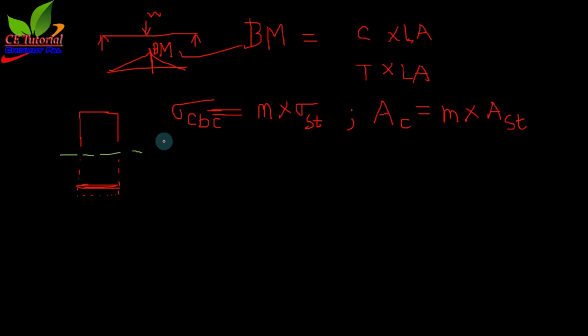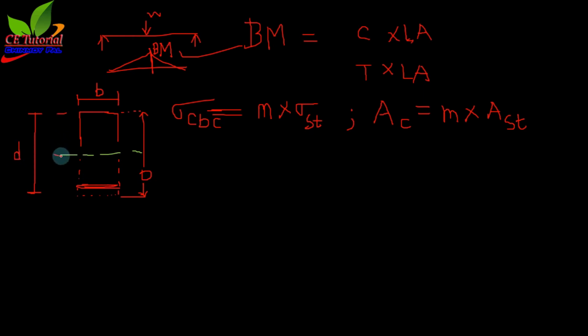Another parameter: suppose this is the width of the beam, B, and this is the effective depth of the beam. This is suppose the overall depth, capital D. So capital D minus effective cover is equal to the effective depth.